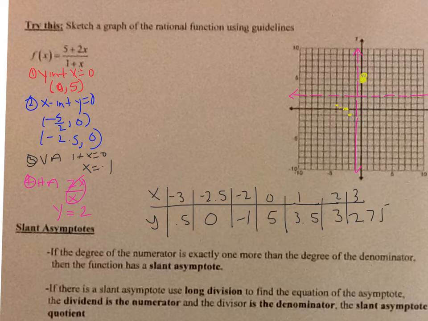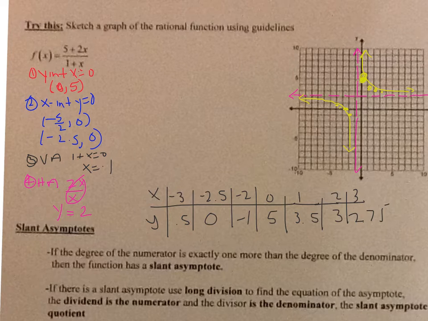So it looks like my graph is going like this. Let's continue. I have (0, 5) there. 1 is 3.5, so it looks like it's going down to my asymptote. And 2 is 3, and 3 is 2.75. So it's definitely getting closer to my asymptote. It's going to look like this.